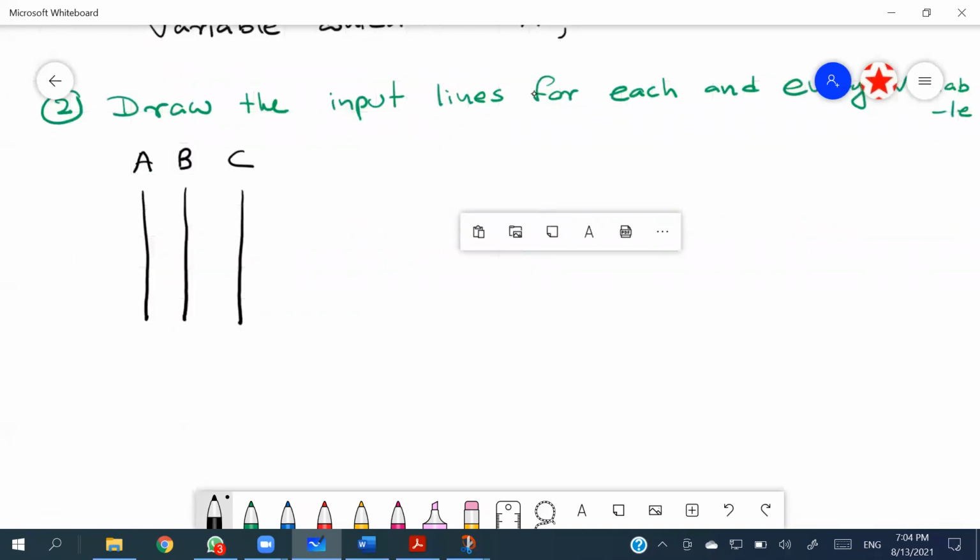Now, the third step is the crucial one. In the third step, you are asked to complete the circuit, or to draw the circuit. But when you are going to draw the circuit, there are several rules that you need to follow. Now, it is something like this.